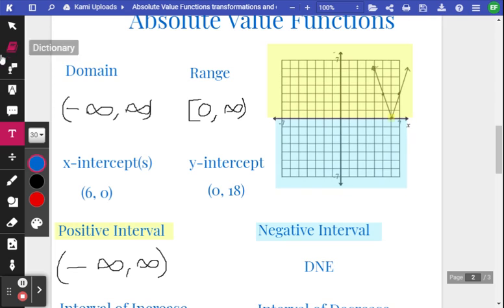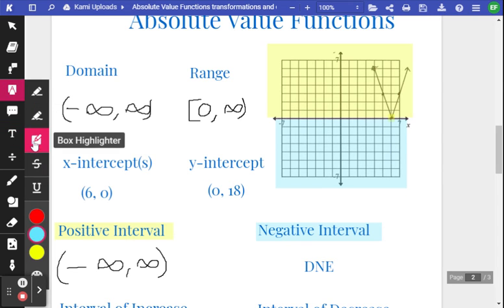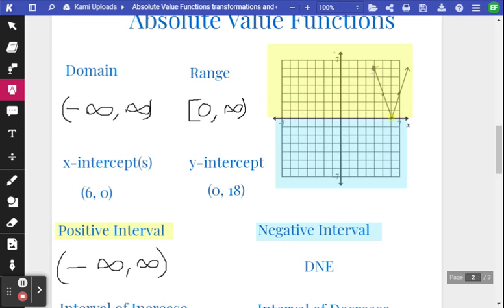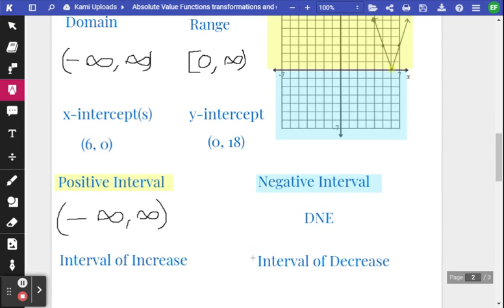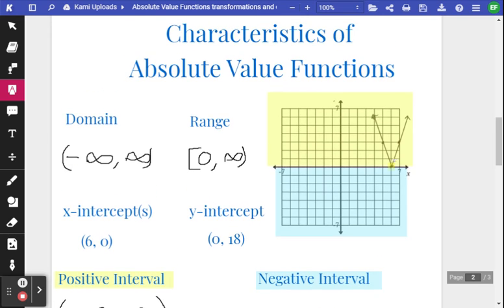We're talking interval of increase and decrease. So if we look back at our function, we see that we have some decreasing values, and then we have some increasing values. So it looks like we're asked for increase first. So the increasing portion of the graph is here and beyond. So interval of increase and decrease is talking about the x values.